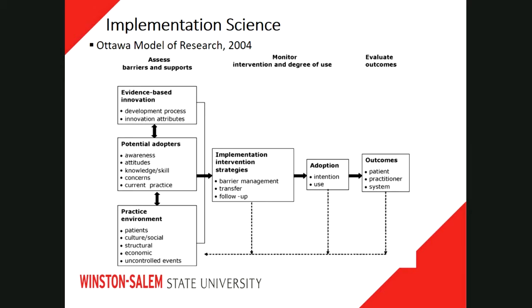And this is where, from a planning standpoint, with respect to implementation and measurement error, you would want to make sure that there is some type of training or support or whatnot. But again, consider your barriers and support, monitor your intervention and degree of use, and evaluate your outcomes.